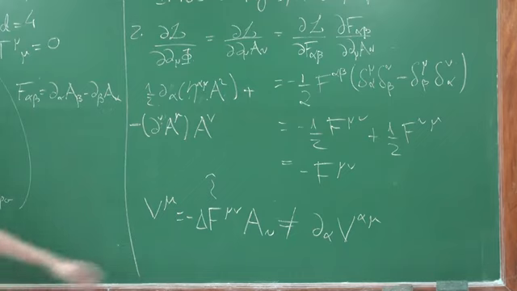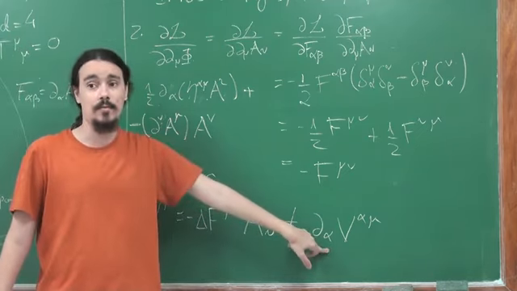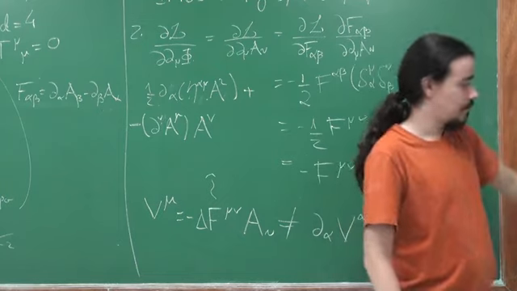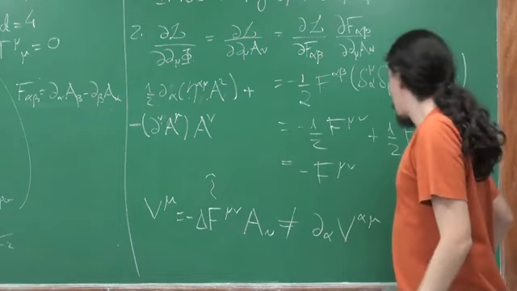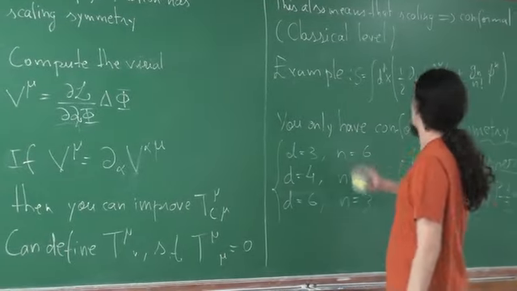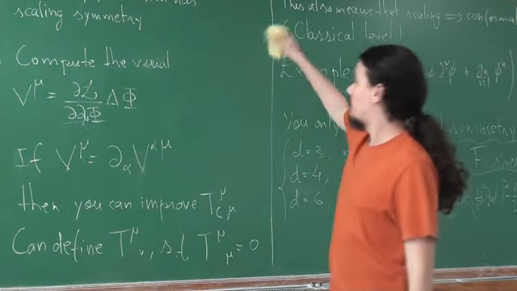Because you cannot write this virial as a divergence of some tensor. Okay, this was the test. But now I'm gonna tell you a subtlety that can arise in 3 dimensions. I guess I can erase this one.